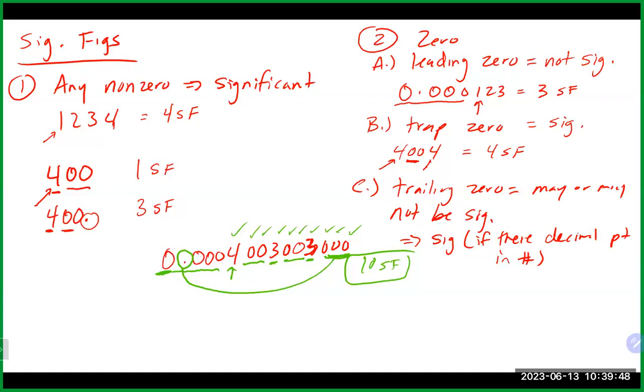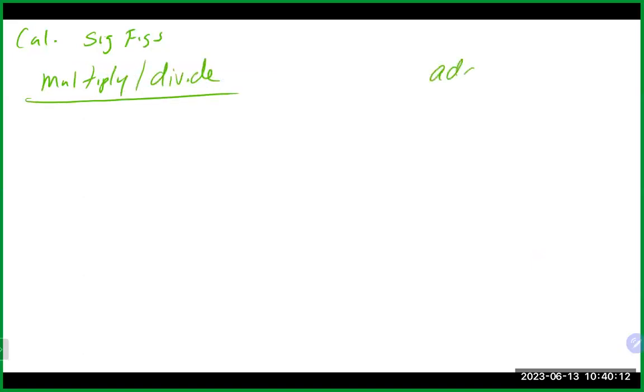Okay. Now, when we talk about calculations and significant figures, there's really kind of 2 types of calculations we do. We typically will multiply and divide, or we will add and subtract. Basically, those are our 2 categories of stuff that we do.